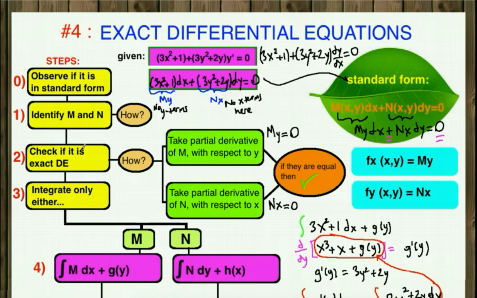And our next step was to check if it is an exact differential equation. So we take the partial derivative of m with respect to y. That's why we call it my. And we take the partial derivative of n with respect to x, and we compare it. If they are equal, then our function is exact. If it is exact, we can continue.